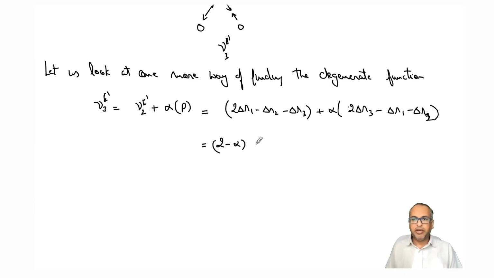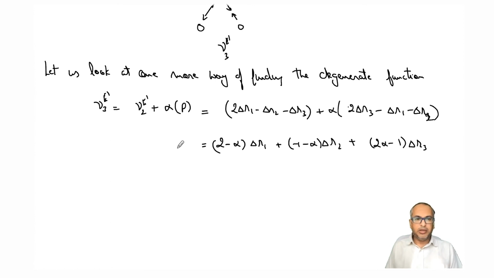Let us now separate the variables. So 2 minus alpha delta R1 plus minus 1 minus alpha delta R2 plus 2 alpha minus 1 delta R3, right?